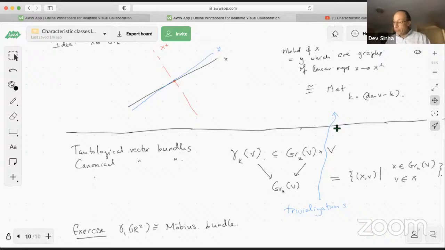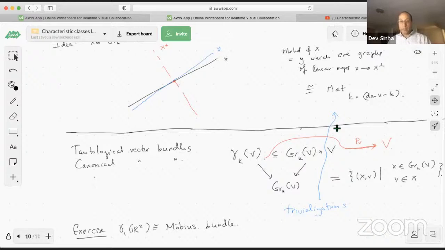Let us also add one more piece of data. I'm going to define a map P sub V for the projection onto V of the Grassmannian. Yes, I want it from the tautological bundle as a sub-bundle of the trivial bundle.